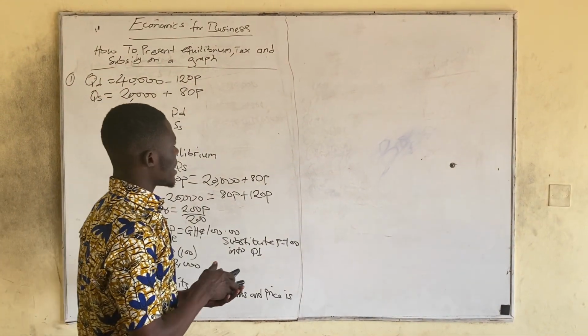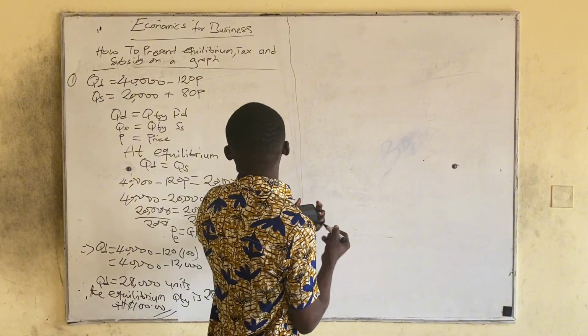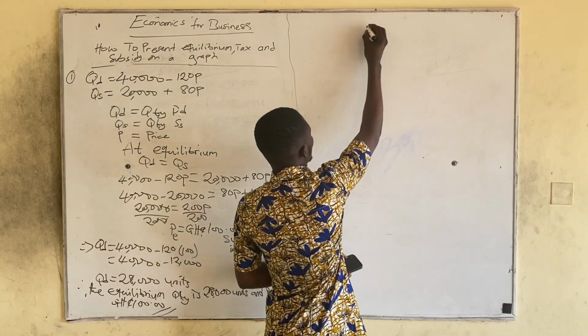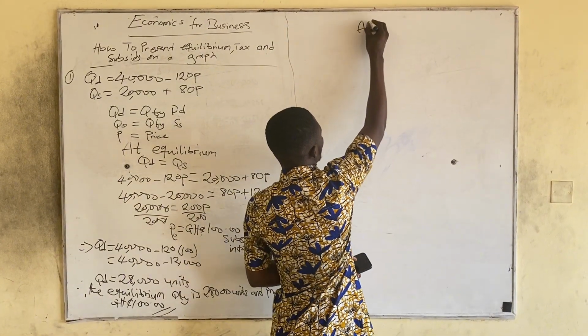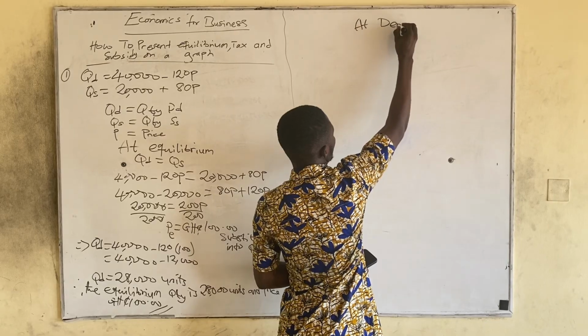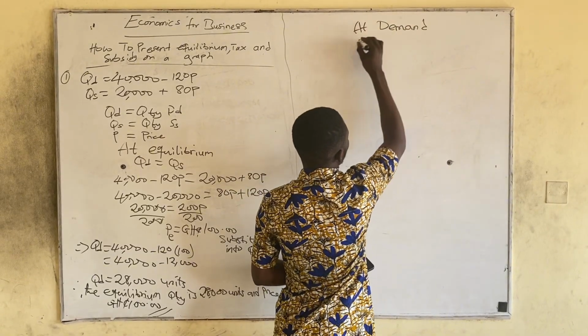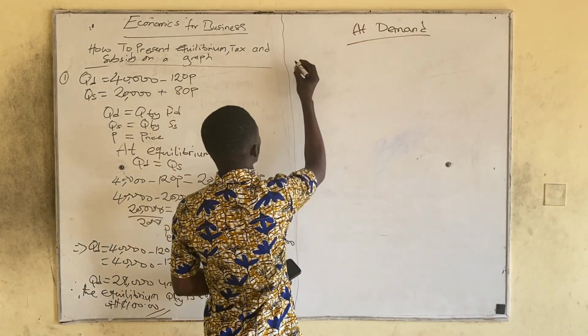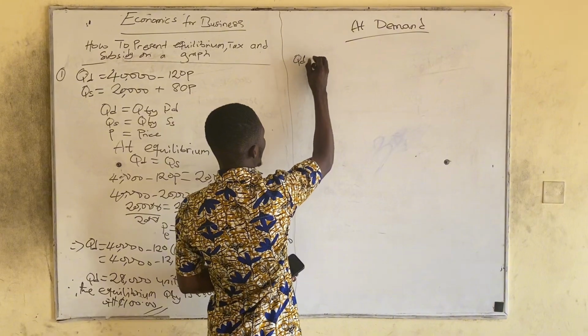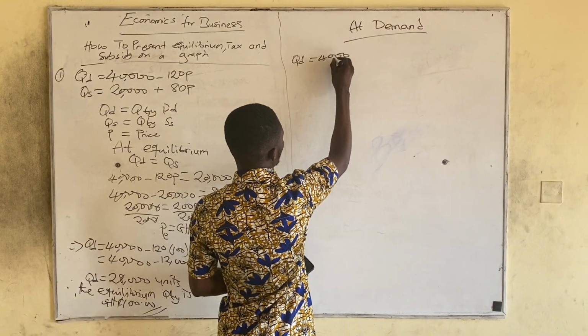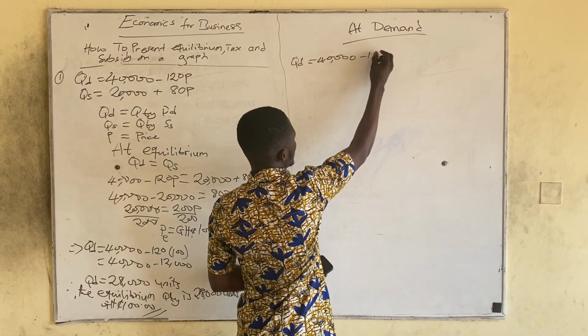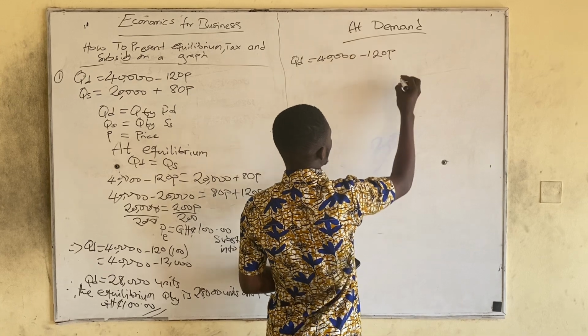Now, before that, you write demand. Then you state quantity demand equals 40,000 minus 120p.